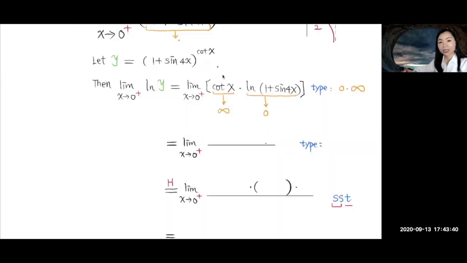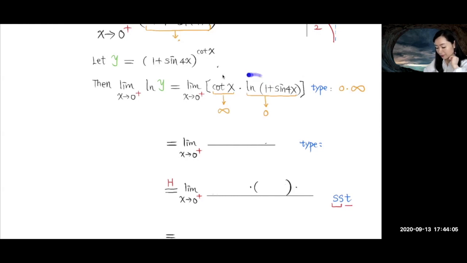Okay. Now to deal with an indeterminate product, remember we need to have a CPR, right? The CPR that we perform is we're going to keep the complicated function on top in the numerator. So we want to choose a complicated function to stay on top of this quotient. So I think this one is more complicated than this one.